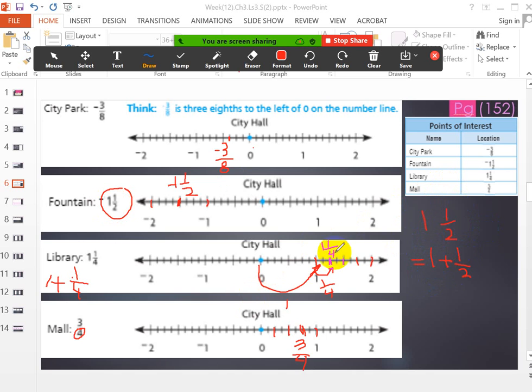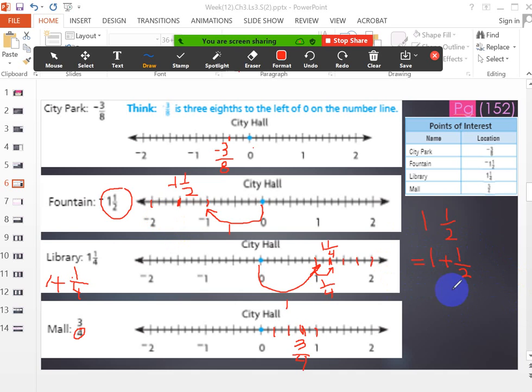That means I have to jump on the number line from 0 to the left side, 1 whole. This is 1. 1 over 2 is a fraction. That means after the 1, I have to jump also 1 over 2.